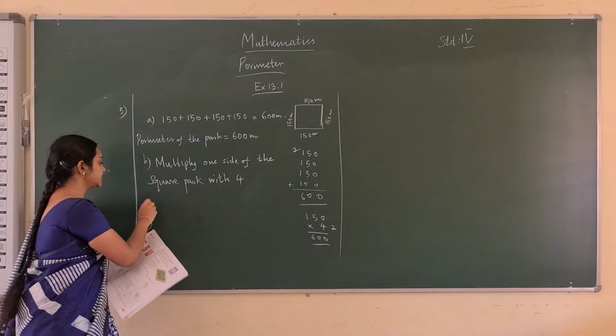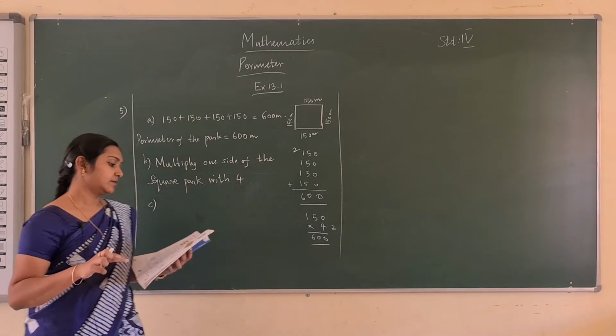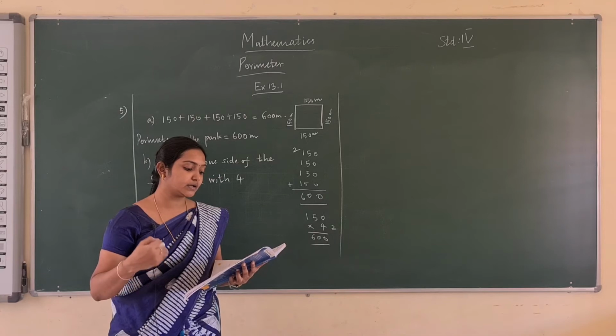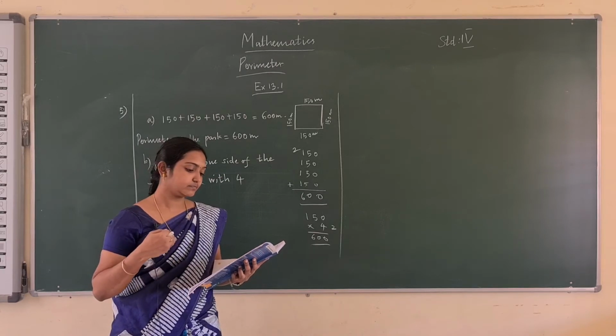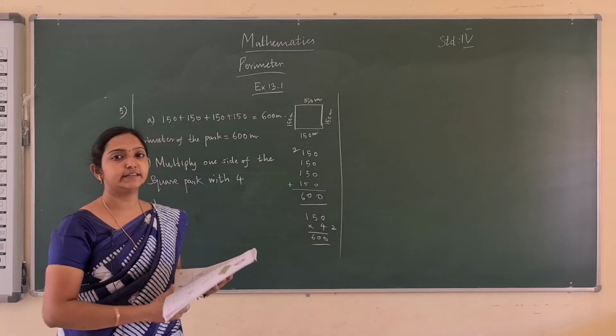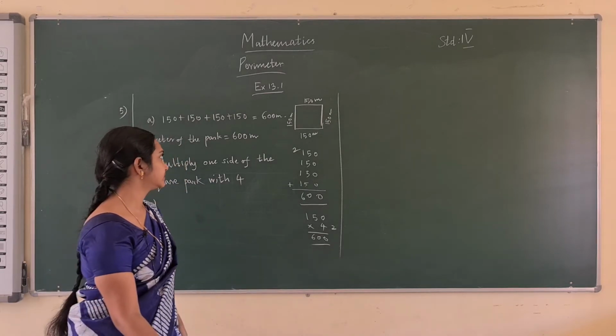The next question. What distance does he cover if he walks around the park 3 times? If he walks 3 times, we have to use the perimeter of the park.